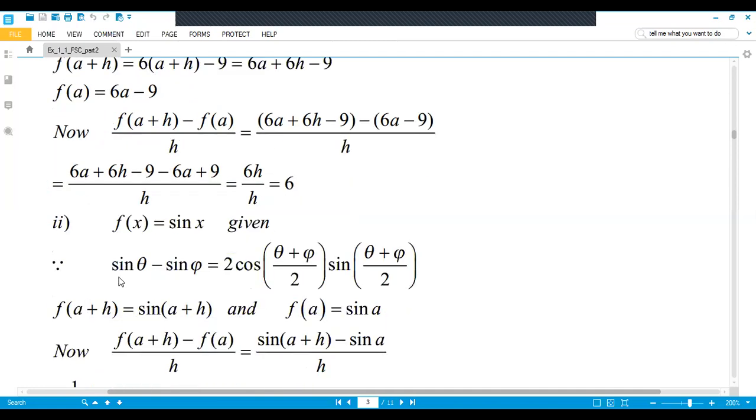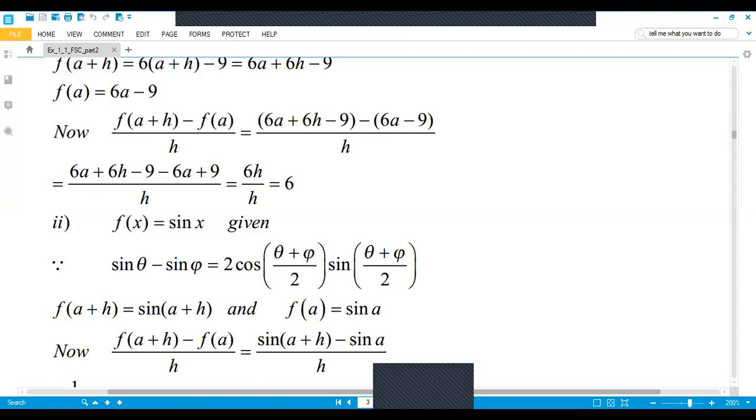You know that in first year you already studied this formula: sine theta minus sine phi is equal to 2 cos of theta plus phi over 2 sine of theta minus phi over 2. You studied this formula in first year, with sine alpha minus sine beta.